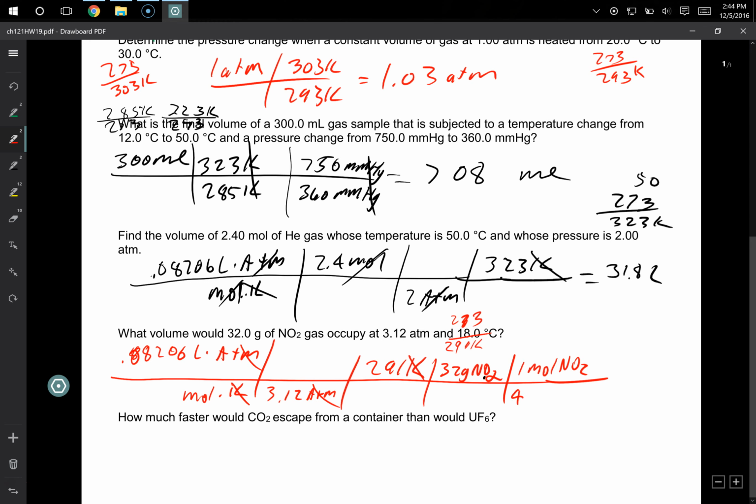So this is 46.0055 grams. So then my grams cancel, and then I just have my mole, which will cancel. All right, so I've got 0.08206 times 291 times 32 divided by 46 divided by the pressure, which is 5.32 liters.